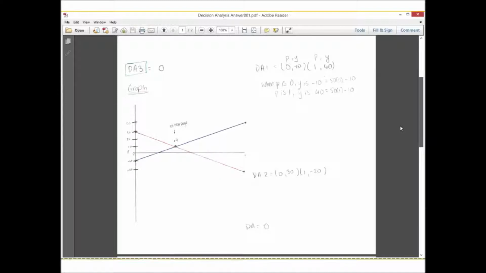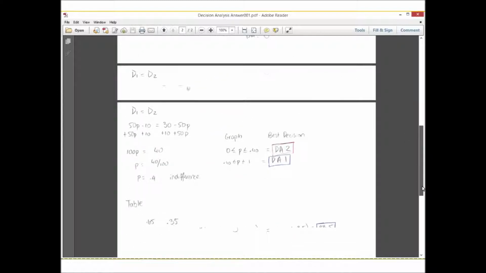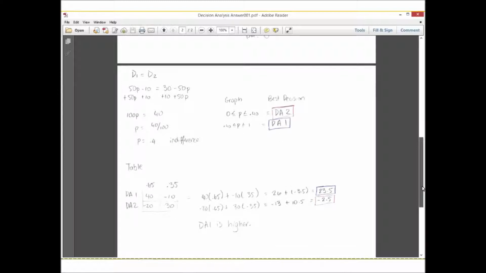probably 2 or 3 questions, and then multiple questions can be asked from this problem. So you could go ahead and say, okay, what is the decision alternative if P is now 0.20? You look at the graph, or you can plug in P being 0.20 back into the table and take it from there.